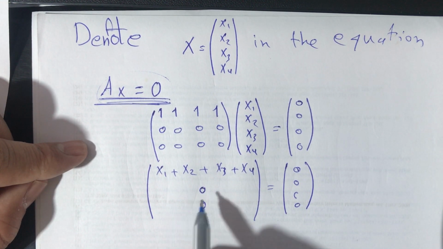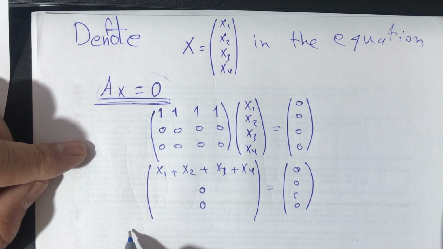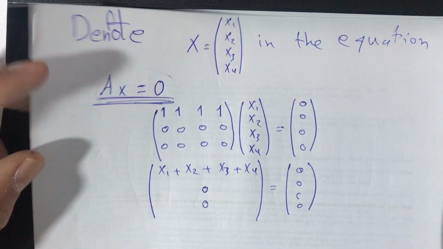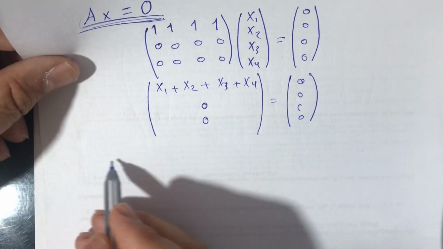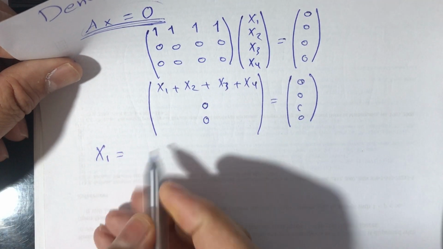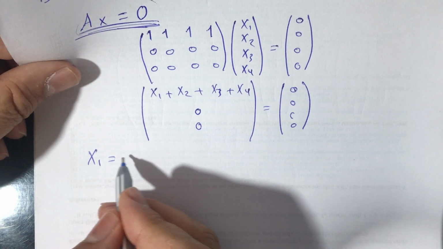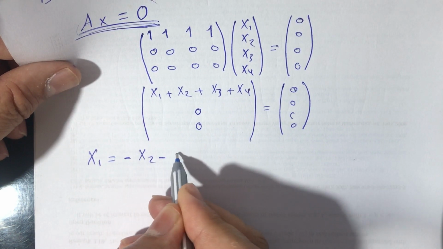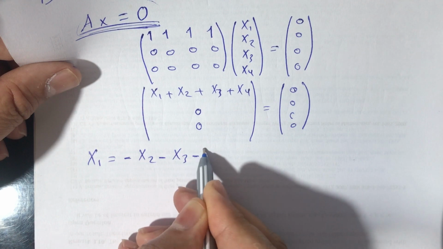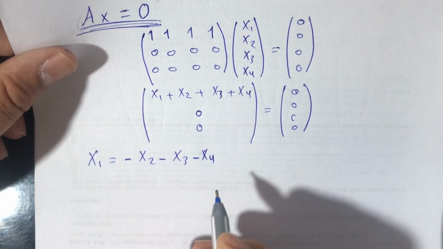Now we can write from this equation x1 will be equal to minus x2 minus x3 minus x4.